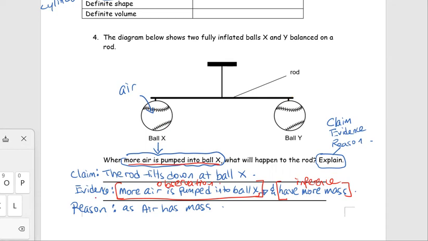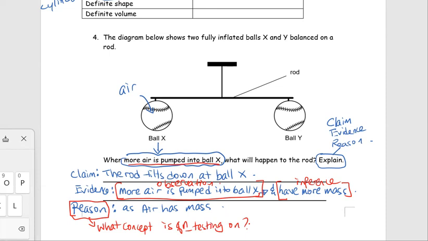Okay, and R is the concept that they are trying to test you on. So I'll be asking what concept the question is testing us on. In this case, the concept for matter questions will definitely be properties of matter.